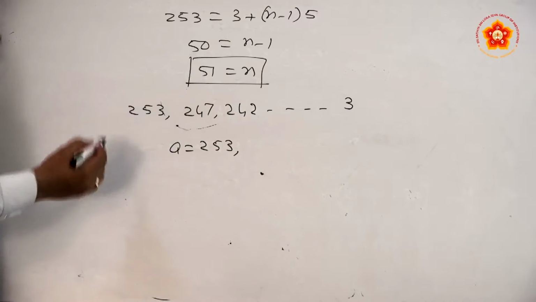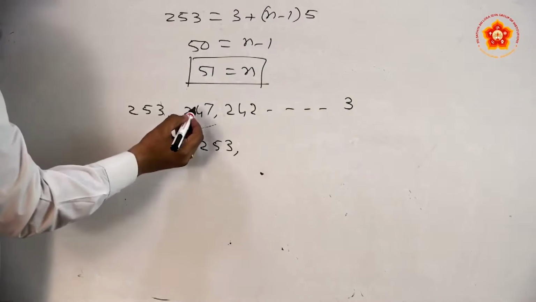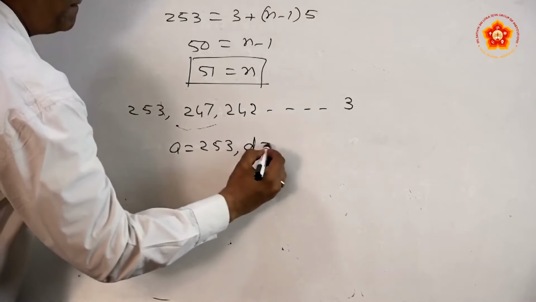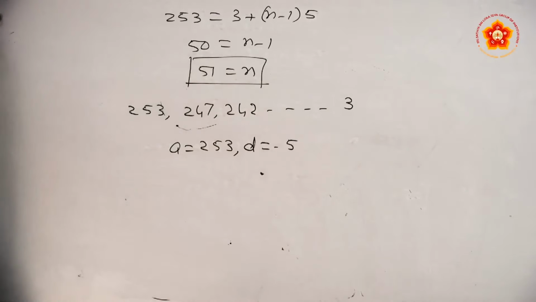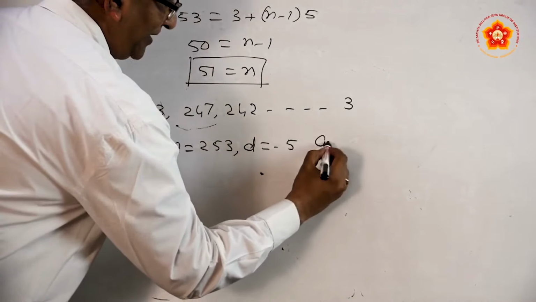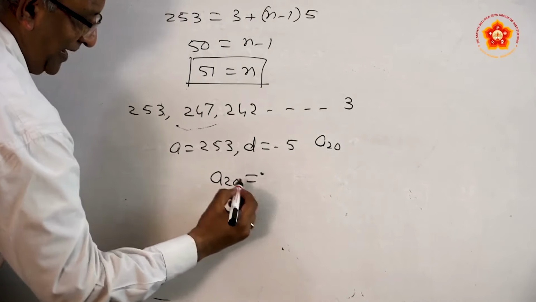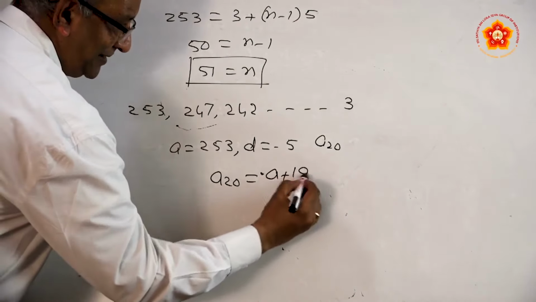Now what is changing? The common difference which was 5, now the common difference is minus 5. Which term do we want now? 20th from the last he has asked. Since we reversed the sequence, we will say 20th term from the beginning. So we want to find a20. So what is the formula? a20 is simply a plus 19d.